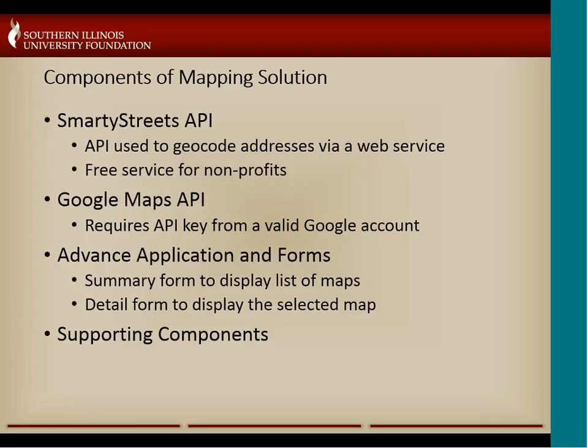Hey Jeff, for the non-technical on the call, can you tell us what API and geocode indicate? Sure. So API is the Application Programmer Interface, and this is how our database can actually connect with Smarty Streets without a human doing it. I have a program that goes out to the web service they have at Smarty Streets, plugs in all the information, and Smarty Streets then returns the information that I requested.